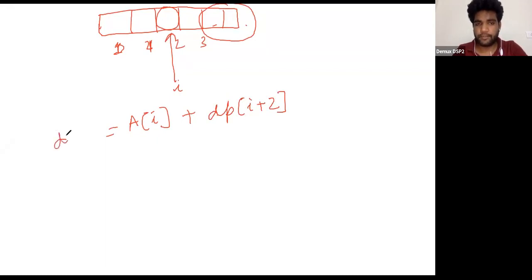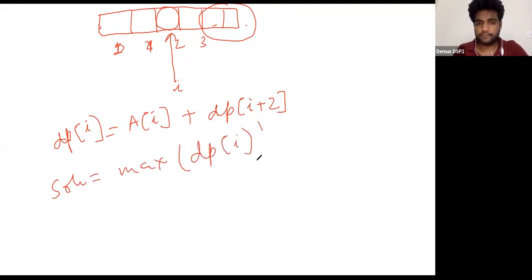So this will be dp of i, and now your total answer would be the maximum across all dp[i] for i from 0 to n. Yes, total money robbed from houses i to n minus 1, including the ith house always.